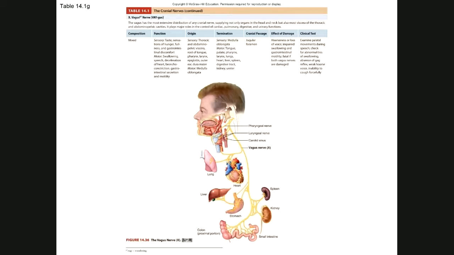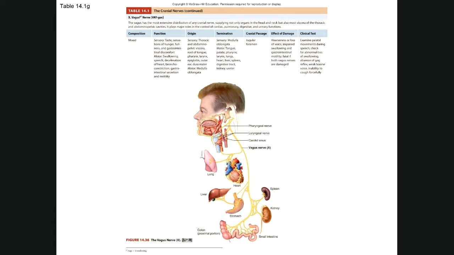Now vagus innervates mainly your visceral organs, such as your trachea and your airways, your lungs, heart, digestive organs, urinary organs, even reproductive organs. So vagus is a varied nerve that innervates various organs.